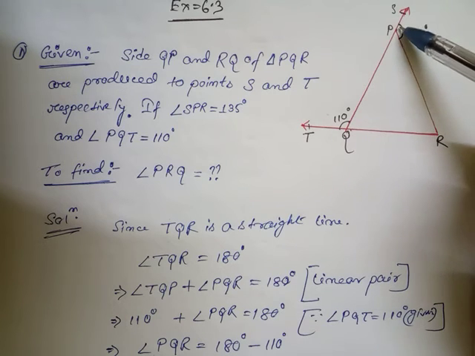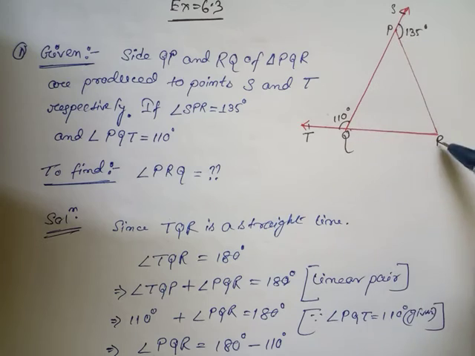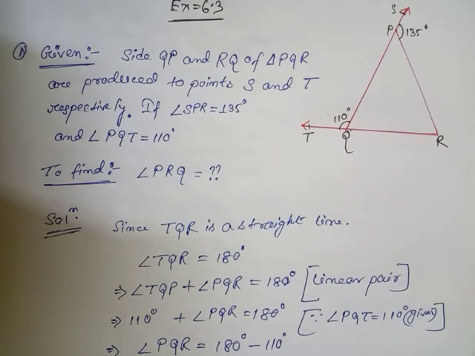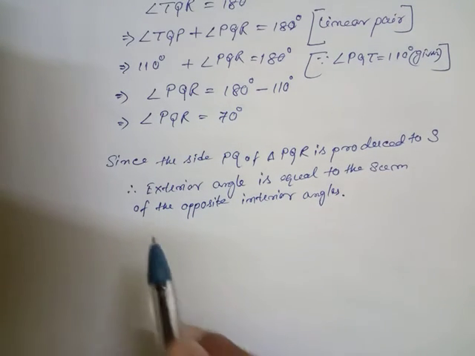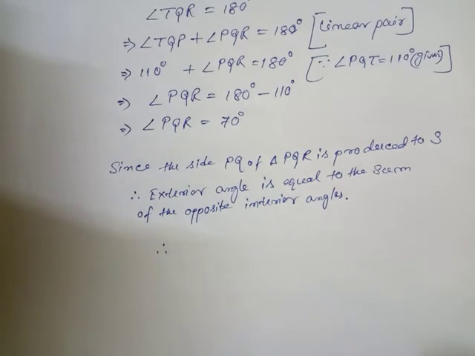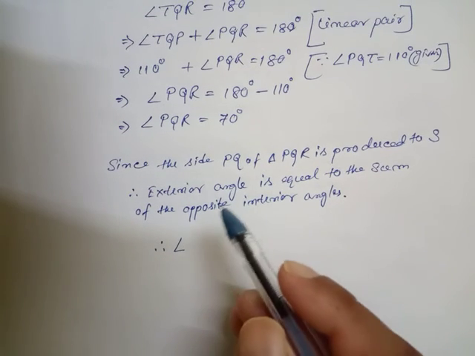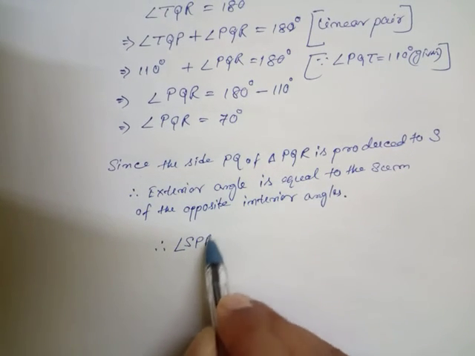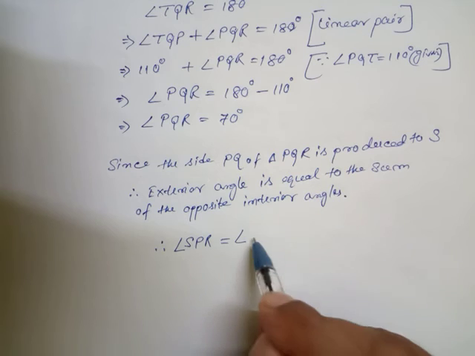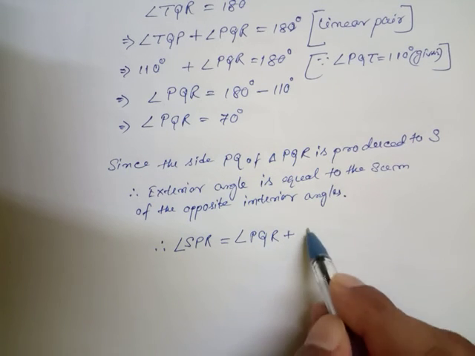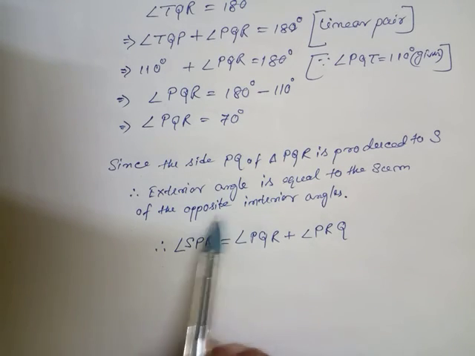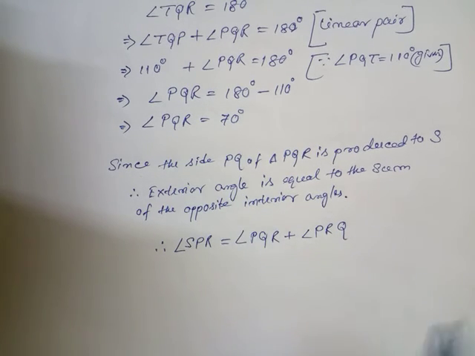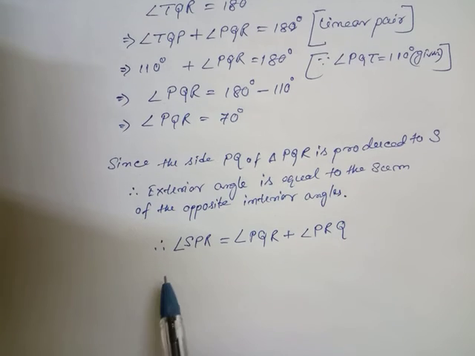Now look after that student, SPR, this is the exterior angle SPR, equal to the opposite interior angles, means PQR plus PRQ. We'll write down according to theorem 6.8, therefore angle SPR equals angle PQR plus PRQ. This is according to this sentence, or you can say theorem 6.8. Now look, what is the value of SPR given here?